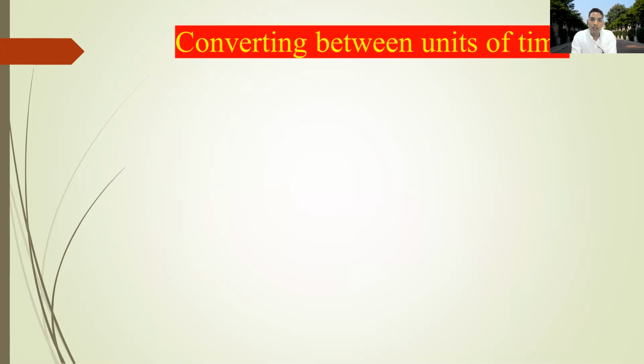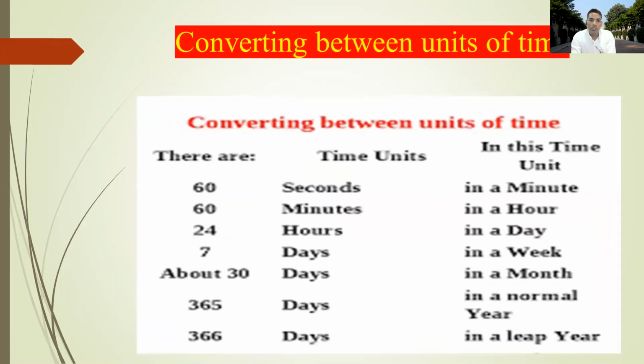Next is converting between units of time. How to convert? You can see here converting between units of time. There are time units, and in these time units, number one, there are 60, 60, 24, 7, about 30, 365, and 366.